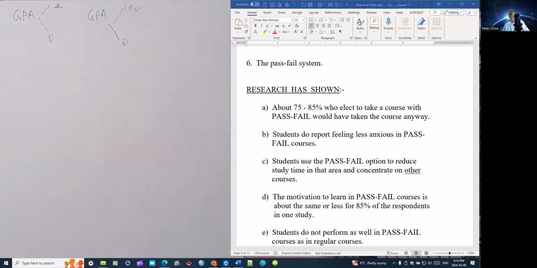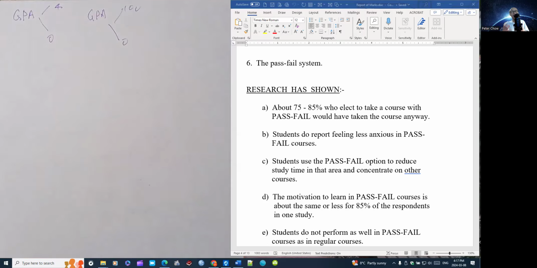And another reason that is good for having pass-fail courses is that it reduces student anxiety, gives students greater control over the allocation of study time, and shifts students' efforts from grade getting to learning.